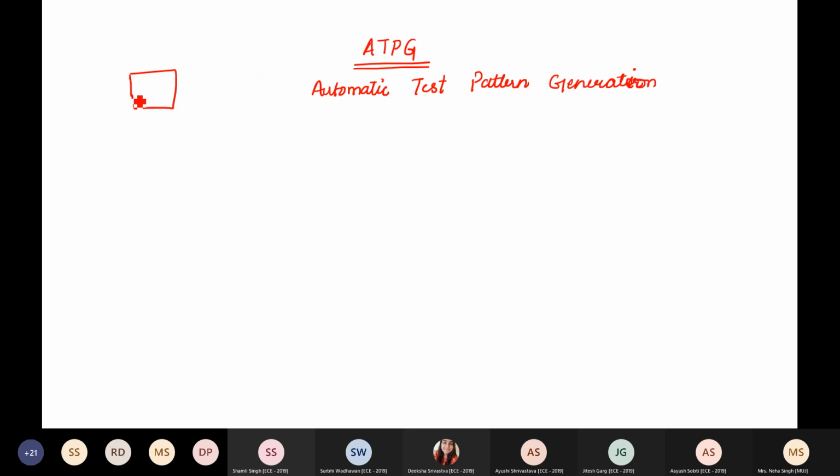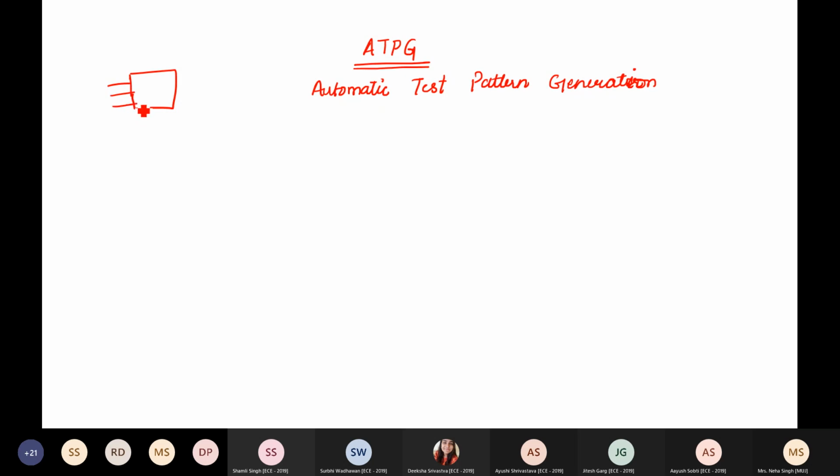Okay. Now, after this, we begin with another section of the syllabus, which is ATPG. ATPG stands for Automatic Test Pattern Generator or Generation. अभी तक हमारे पास क्या था? कुछ सर्किट था.